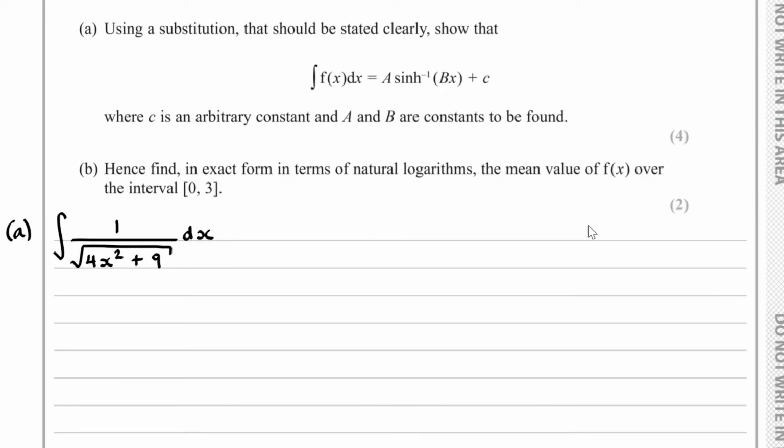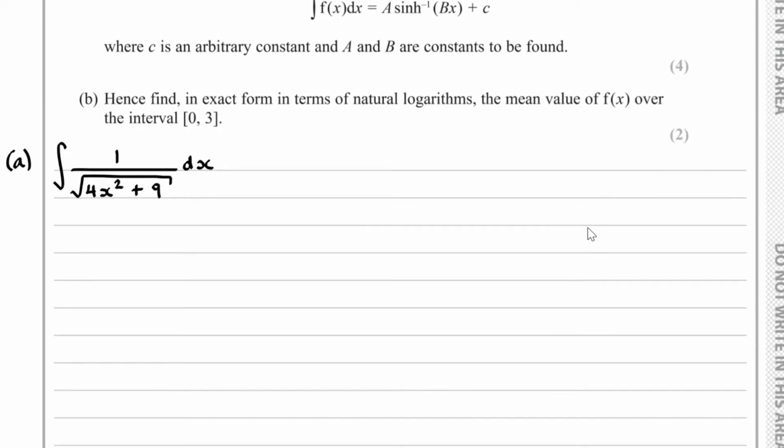And we can do that by making the substitution of x equaling a half u. So in this question, if we let x equal 1/2 u, dx over du is equal to 1/2, from which we can see dx is equal to 1/2 du.